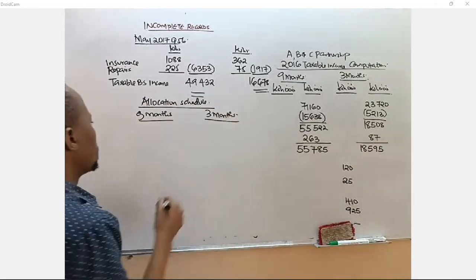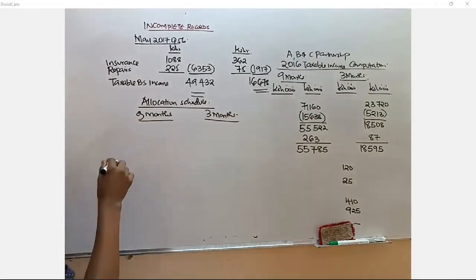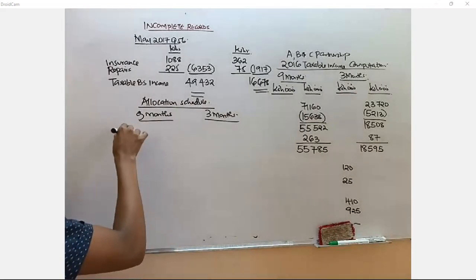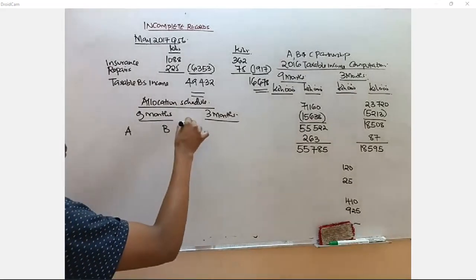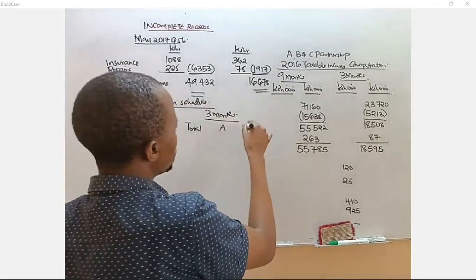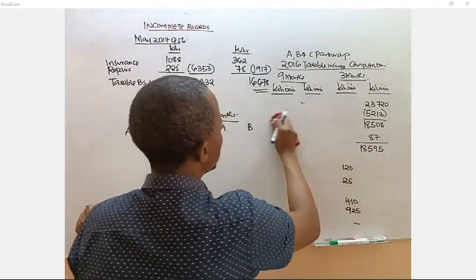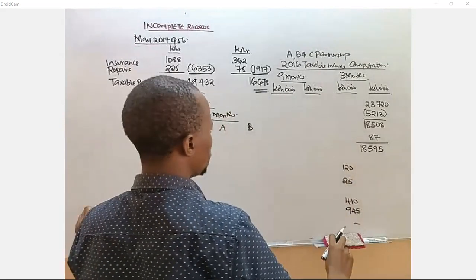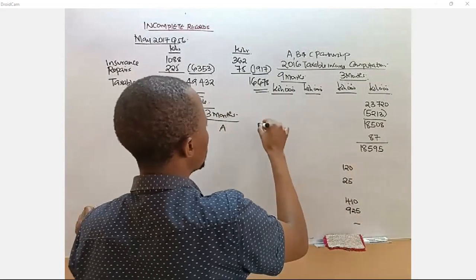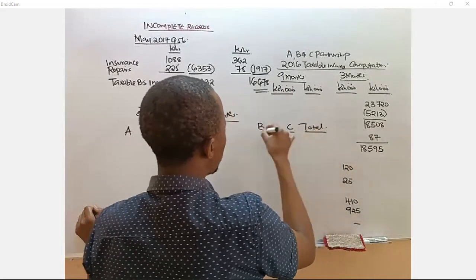For the 9 months, they were A, B. Then we put the total there. Then for 3 months, they were A, B, C. Then you factor the totals at the end there.